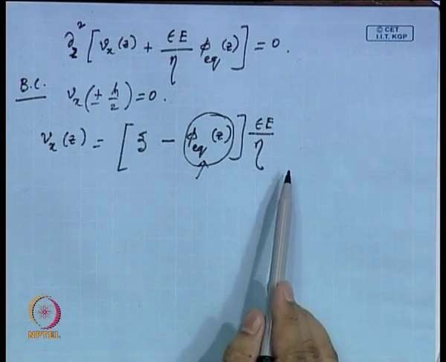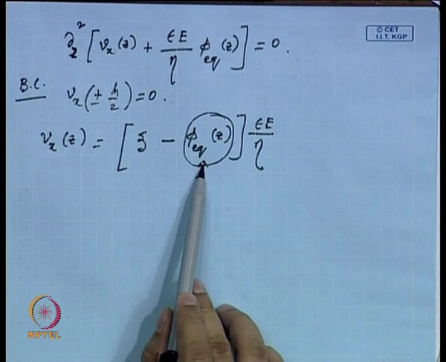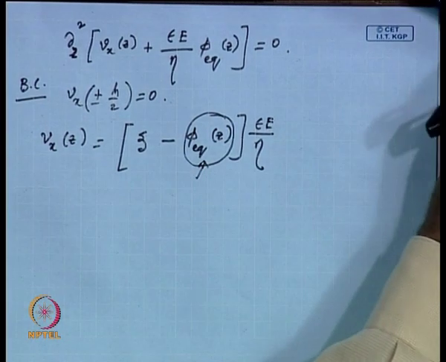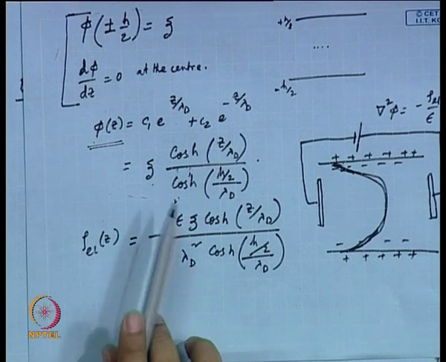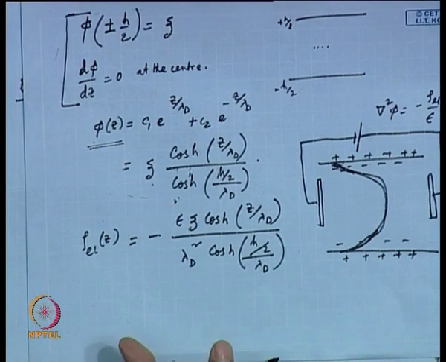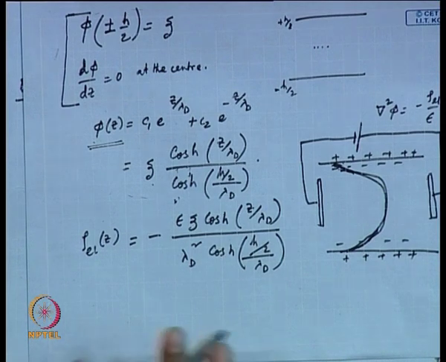This is the velocity profile we obtained, and this phi eq has to be replaced by the expression that we have already gotten for a two wall system, a channel system, not a single wall system.